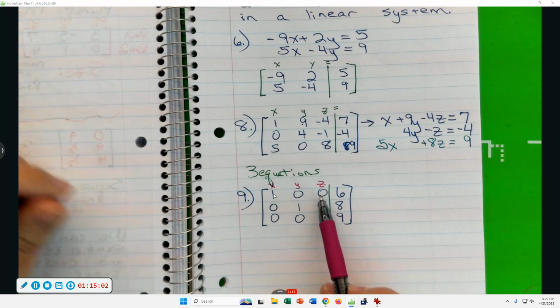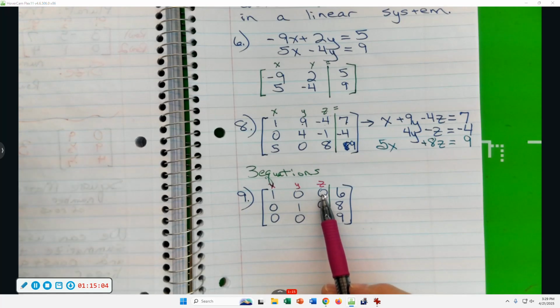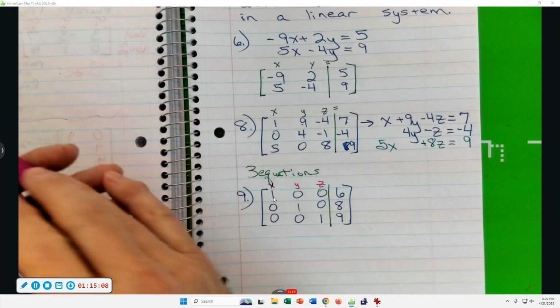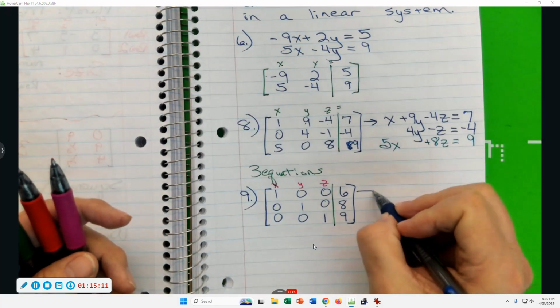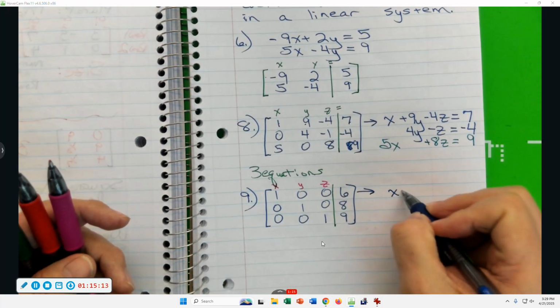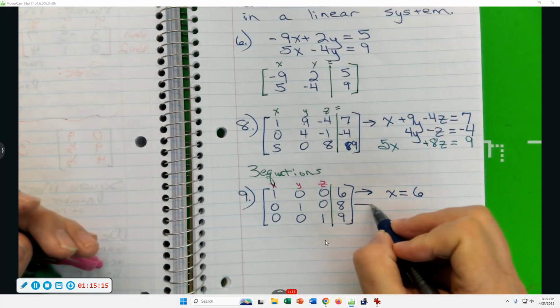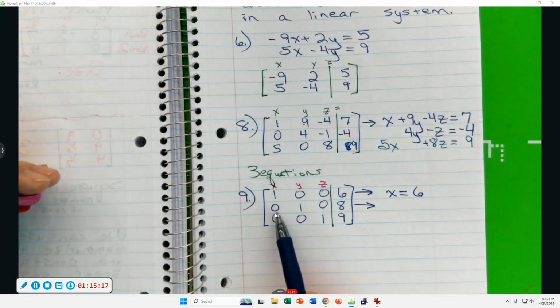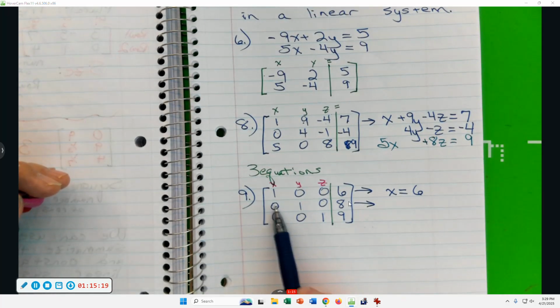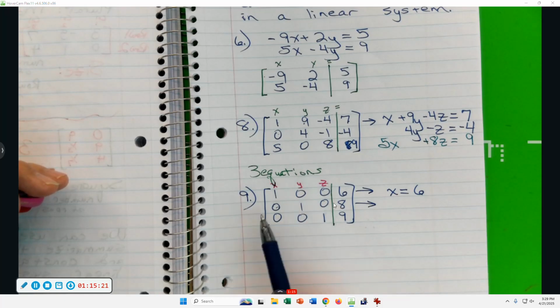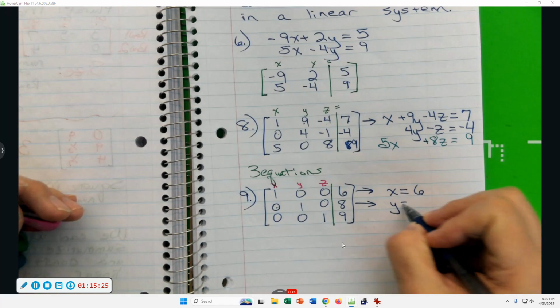You don't have a y or a z in the first row. You have 1x. That first row says 1x is equal to 6. Now in the second row, we don't have an x and we don't have a z. What's that second row saying? y equals 8.